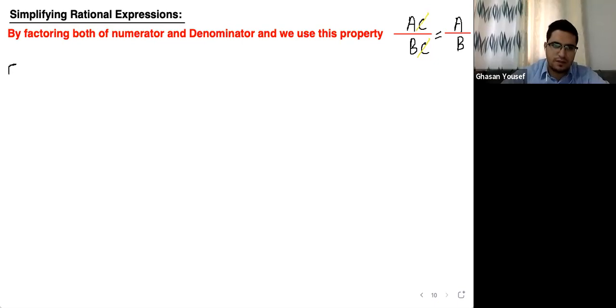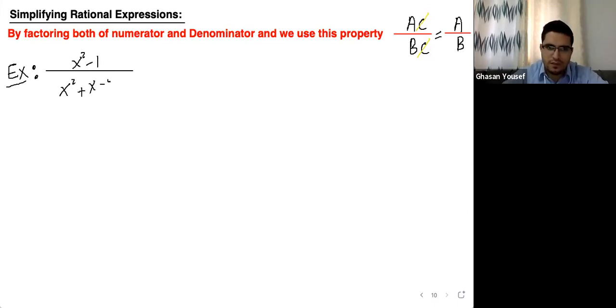For example, if I have a fraction, and in the numerator is x squared minus 1, and in the denominator is x squared plus x minus 2. First of all, what is the factoring of the numerator and what's the factoring of the denominator?